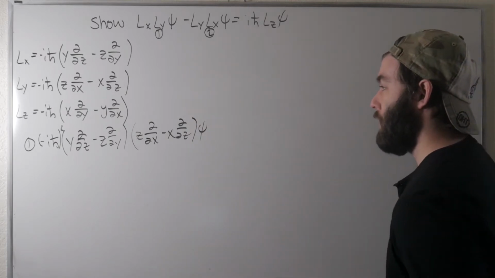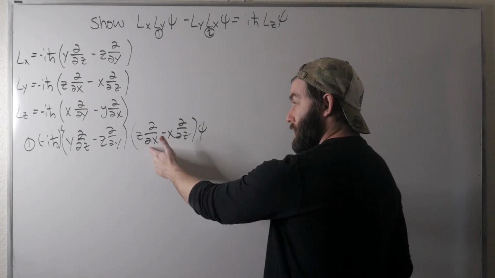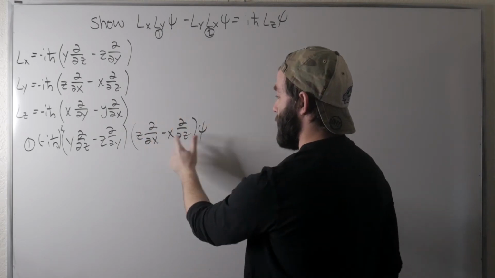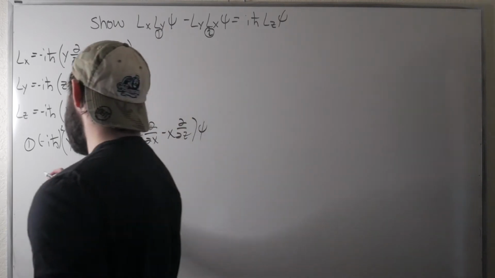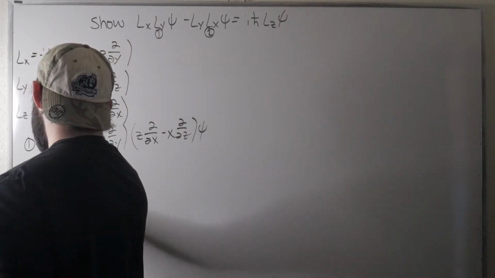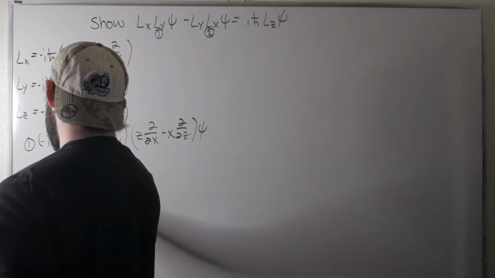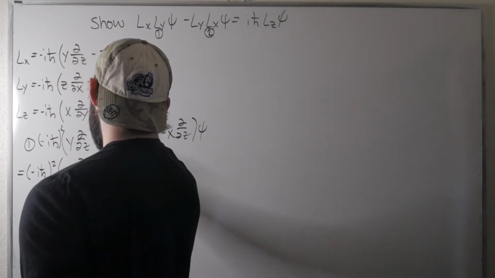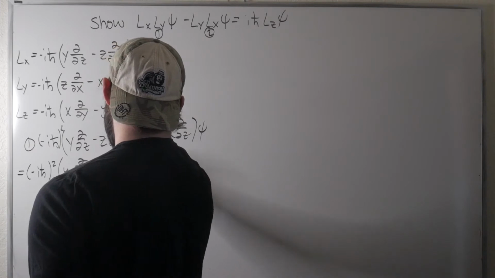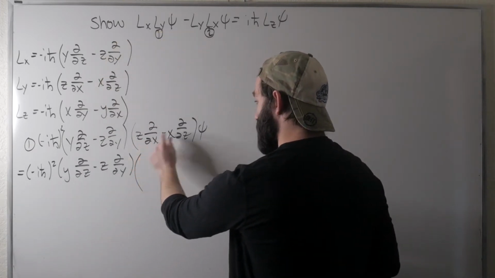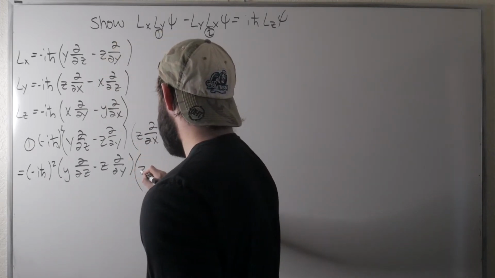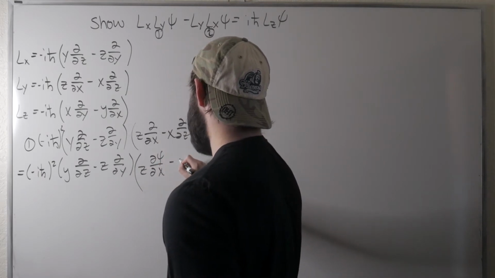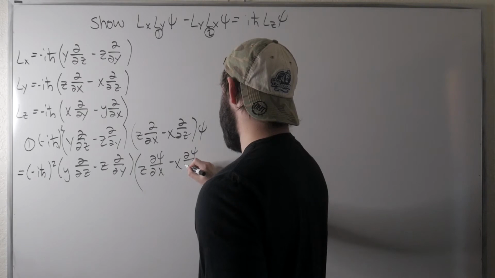So that's one. The first step is to distribute this term here that corresponds to y and have it act on the wave function. So this is equal to minus i h bar squared, y d dz minus z d dy. We have z d dx acting on the wave function, so that's just z times the x derivative of the wave function minus x times the z derivative of the wave function.